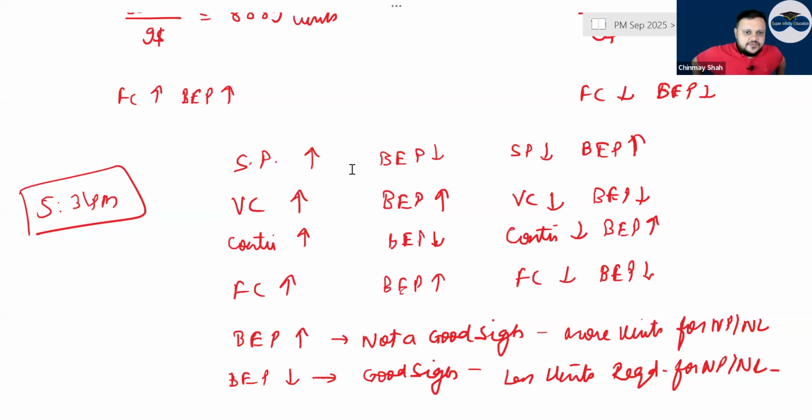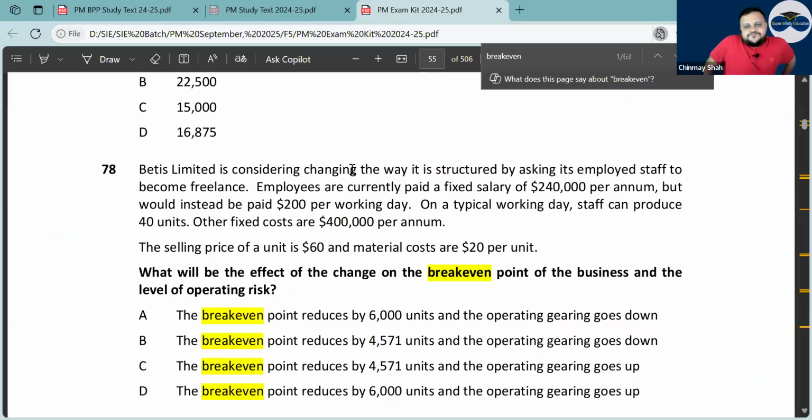Now have a look at this question. How do we do this? Tell me. What will happen here? Have a look.